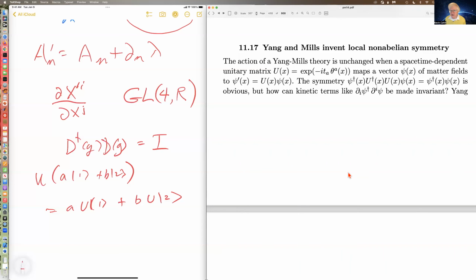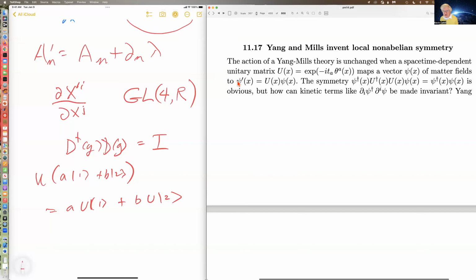The basic idea is that the action of Yang-Mills theory is unchanged when a space-time dependent unitary matrix, and here these thetas are just real parameters that depend upon space-time. These T's are matrices that are Hermitian, and so this is a unitary matrix. And this unitary matrix will map a vector psi of matter fields into another vector of matter fields.